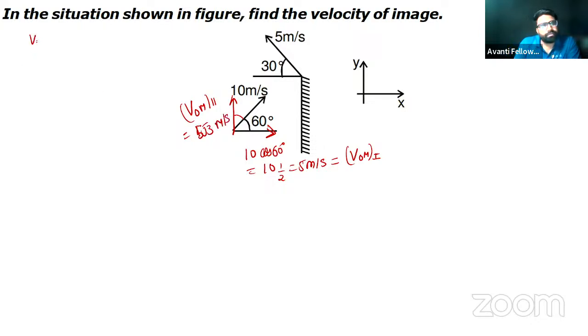So velocity of image parallel, velocity of object parallel, which is 5 root 3 meter per second.